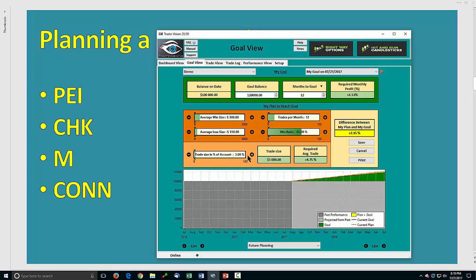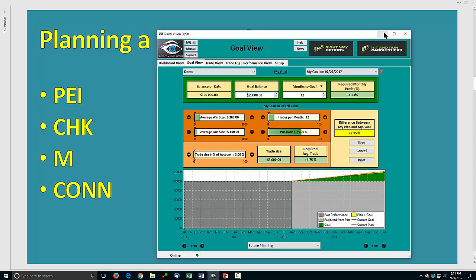And I would recommend that you don't do more than 3% per trade, but you can play with this. If you go with a higher number, you're going to have larger win size. It's much easier if you're making $3,500 trades. It's easier to make your $300 average gain, but that means you're taking $500 more risk per trade. So I would recommend you stay at 3%, but you have to play with those parameters to come up with something that works for you.